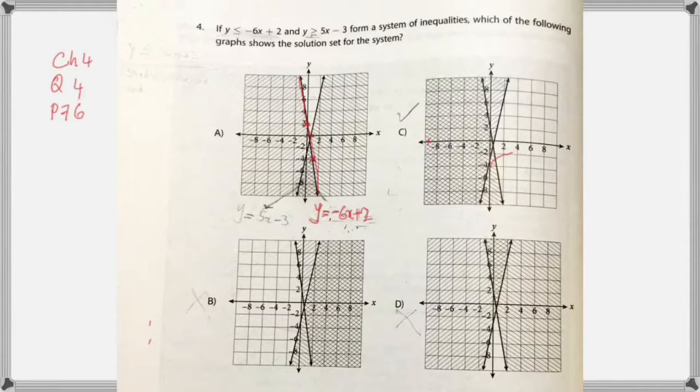So we should shade the area below this line, because it's less than or equal to.